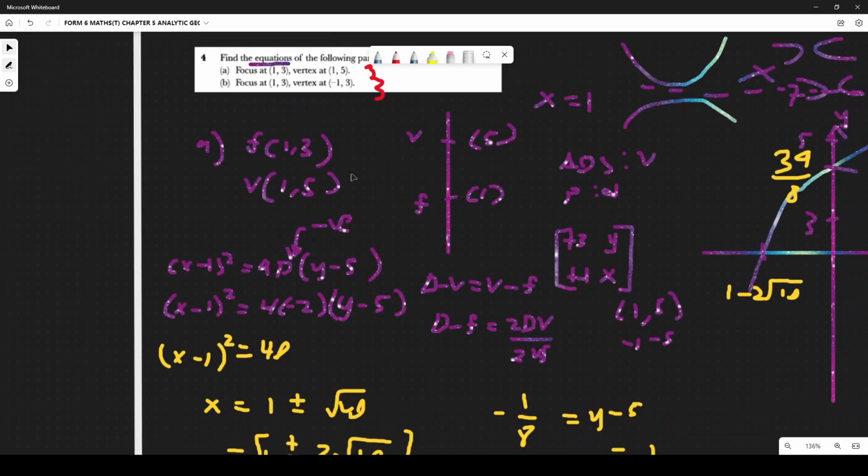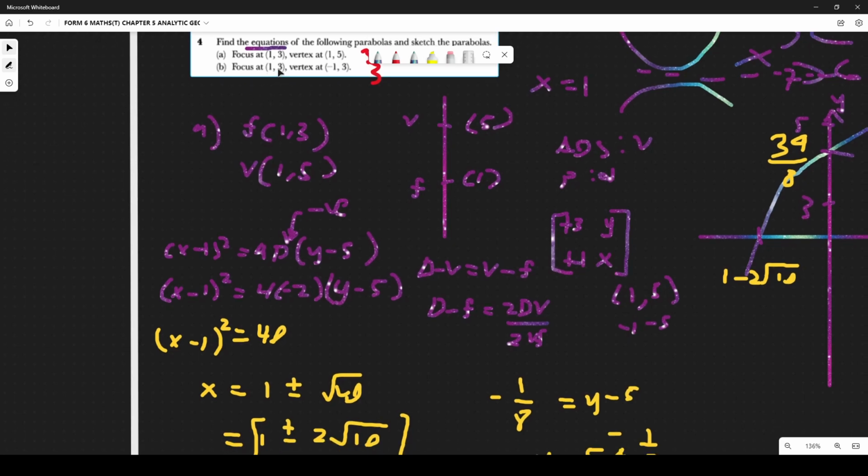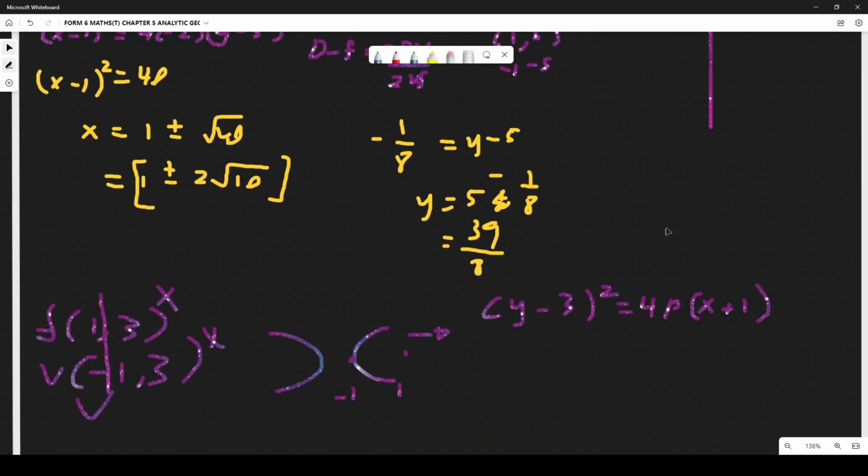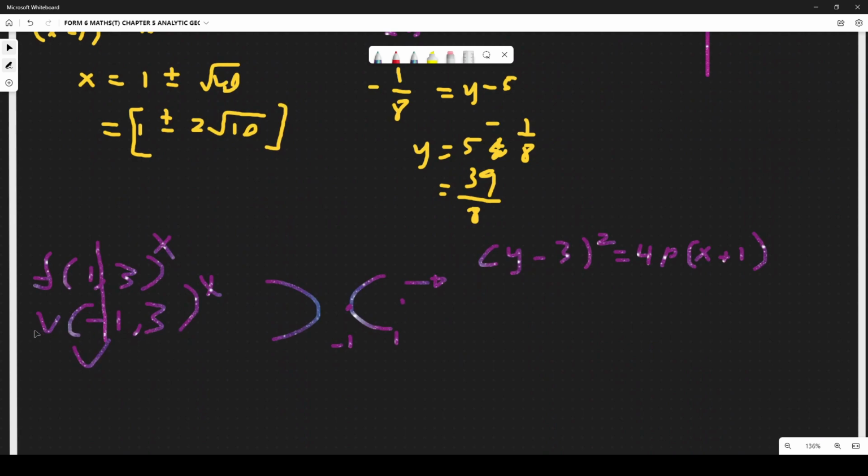So focus and vertex, that's the information we are given. From there we can find p. Since we know that the vertex is behind the focus, it's most likely opening to the right.